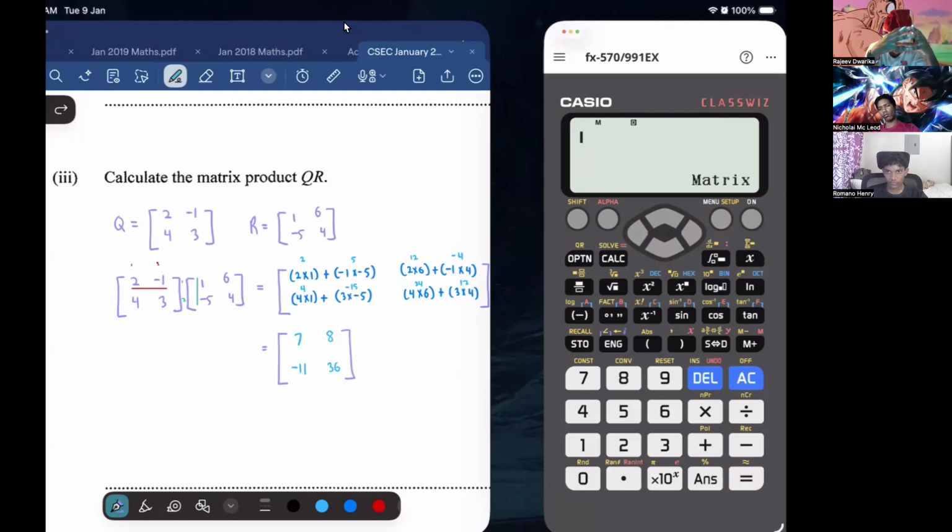Look at this man trying to lock in. Wait, let me just look it up online quickly. I cannot see the matrix button. That's weird.